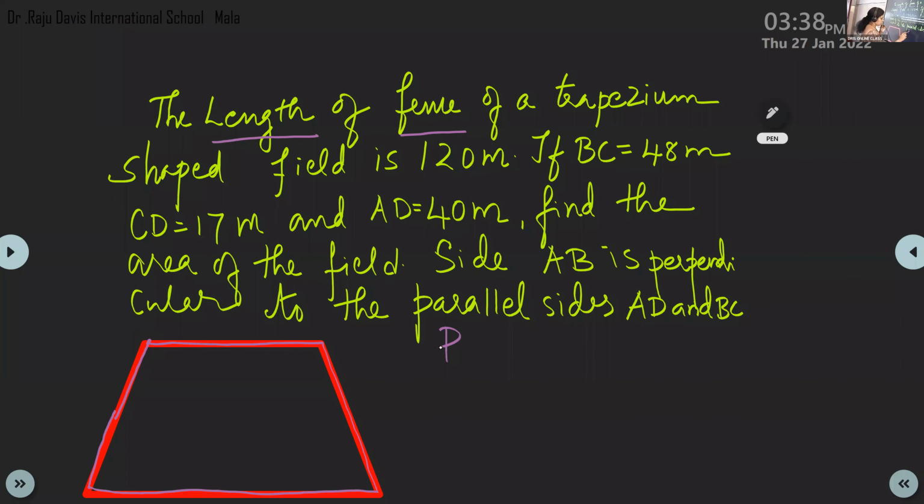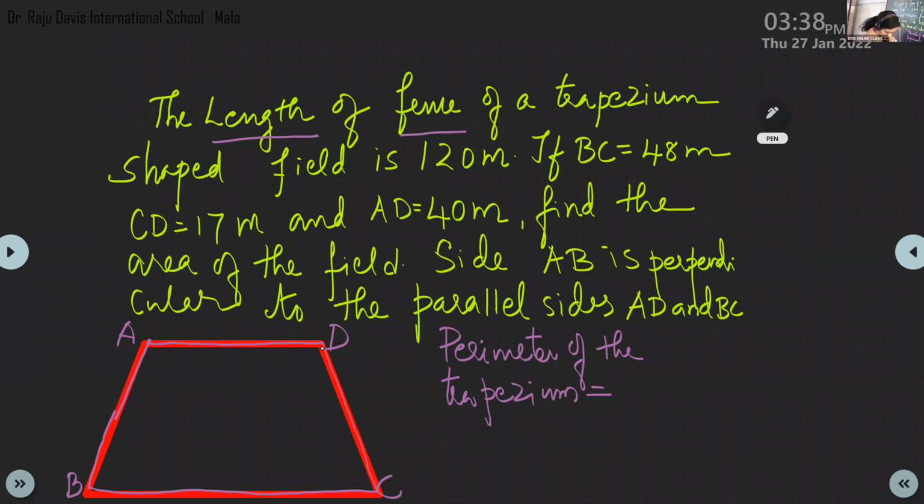So the perimeter of the trapezium is given. What do you mean by perimeter? Perimeter means adding all the sides, isn't it? So here A, B, C, D. Mark the sides. AD is given as 40 meter, and then the other side is 17 meter.